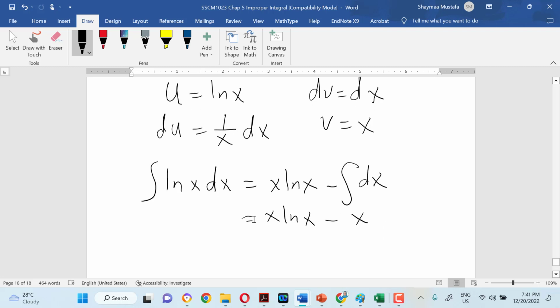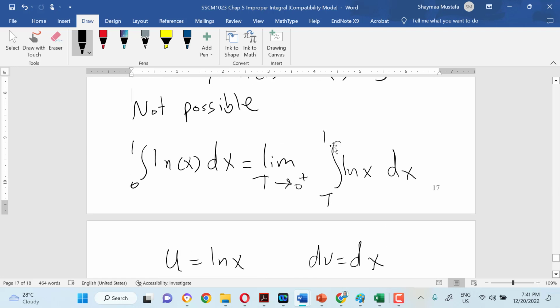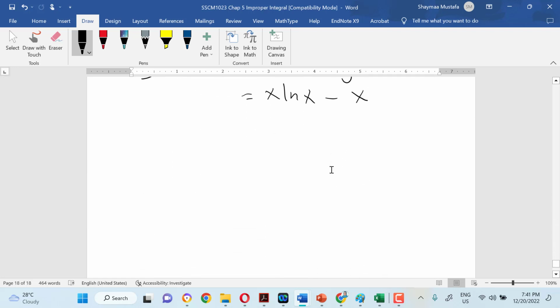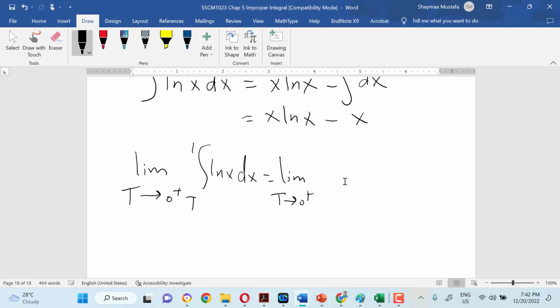This is the evaluation for the integration. Now I have to calculate this one from t to 1, so the limit when t goes to 0 from the right.